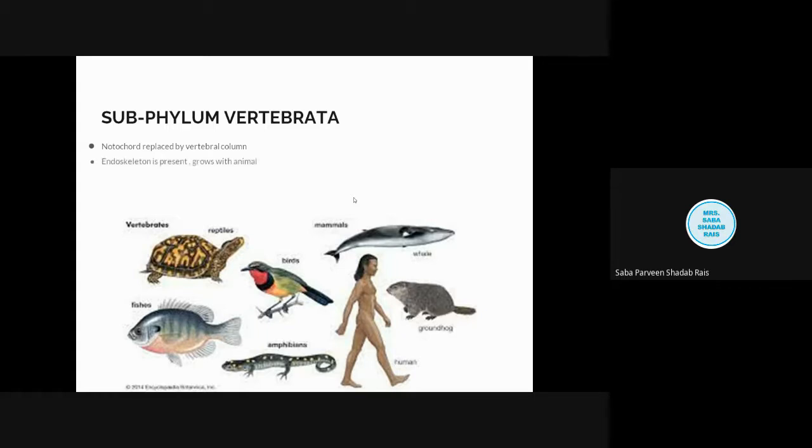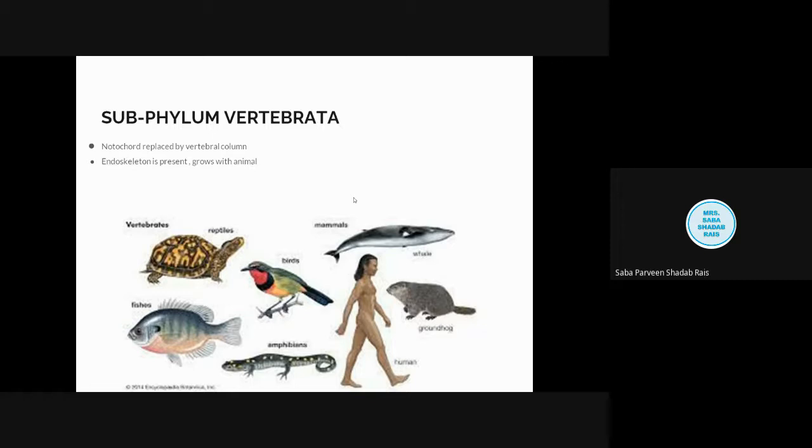Is that clear? As the animal grows, its endoskeleton will also grow. In the case of exoskeleton, what happens, children? As the animal grows, the old exoskeleton is cast off, like ecdysis happens in other animals. The old exoskeleton is cast off and a new exoskeleton starts forming inside it. But in the endoskeleton there is no such option. As the animal grows, its endoskeleton also grows.